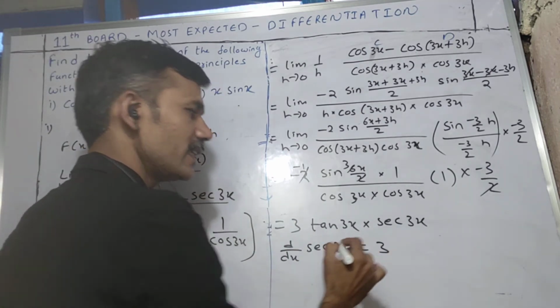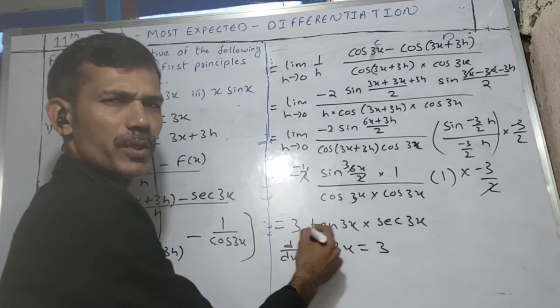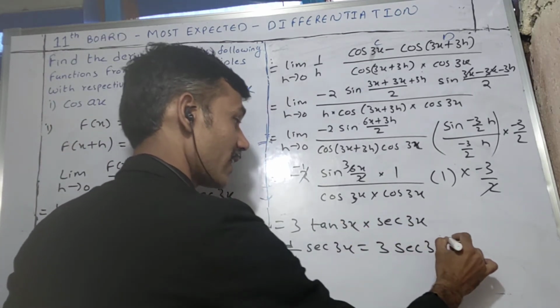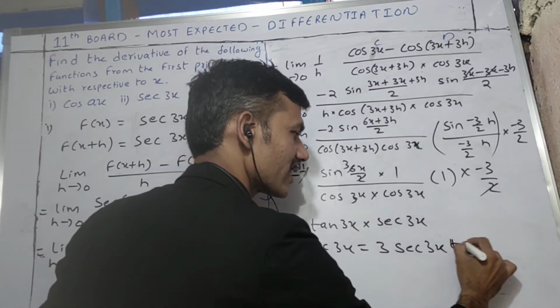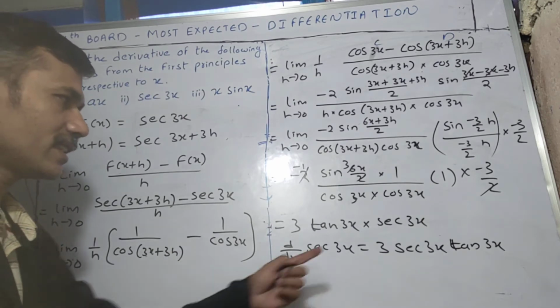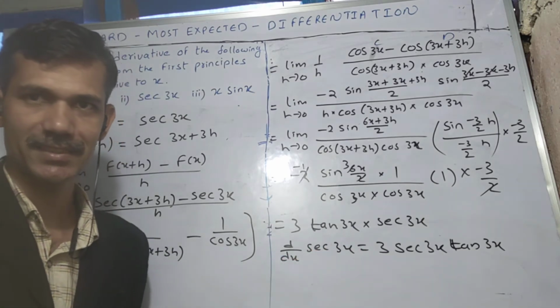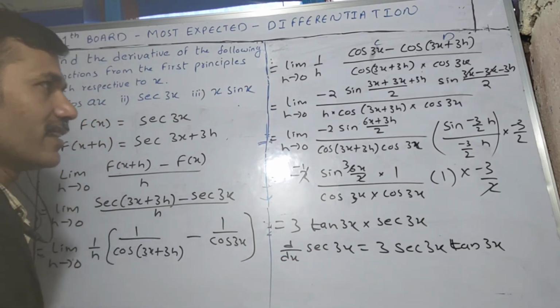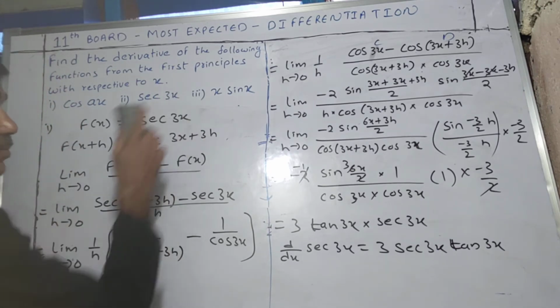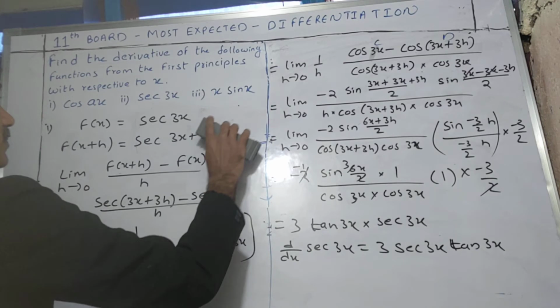It is nothing but 3 times, you can write a into b or b into a, first 3 times secant 3x and tan 3x. Okay, this is the derivative of secant 3x. You have to solve like this. Next, one more problem is there. With that we'll finish.